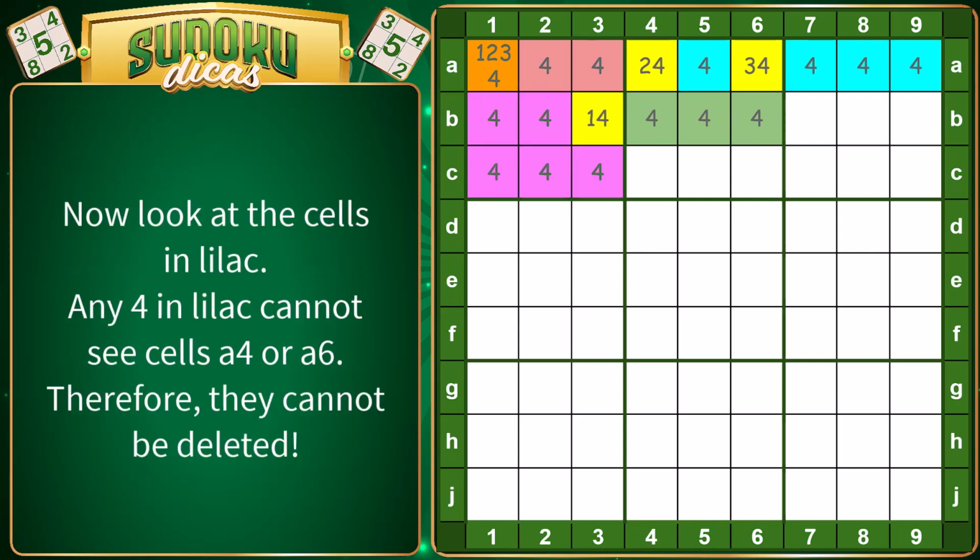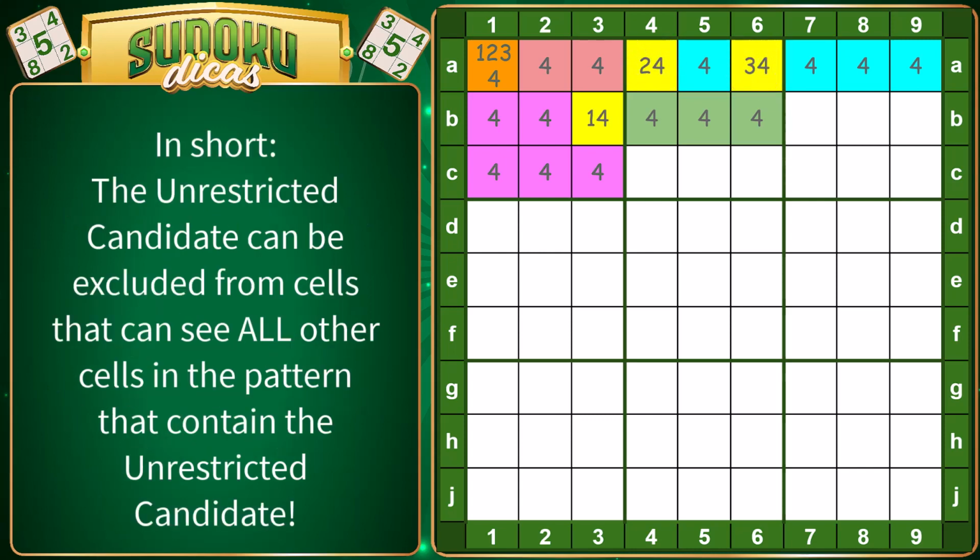Now look at the cells in lilac. Any 4 in lilac cannot see cells A4 or A6. Therefore, they cannot be deleted. In short, the unrestricted candidate can be excluded from cells that can see all other cells in the pattern that contain the unrestricted candidate.